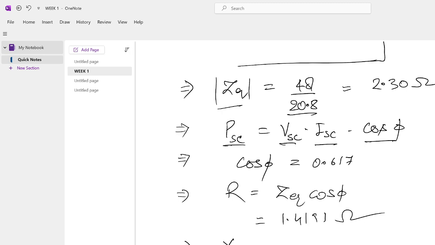Similarly, X will be Z equivalent sin phi, that is 2.3 into sin of cos inverse 0.617. Tell me the final answer.